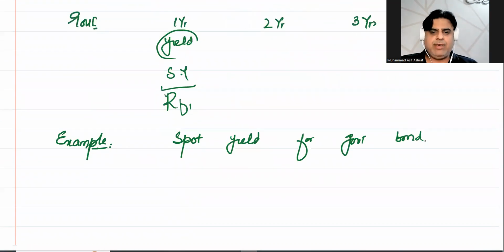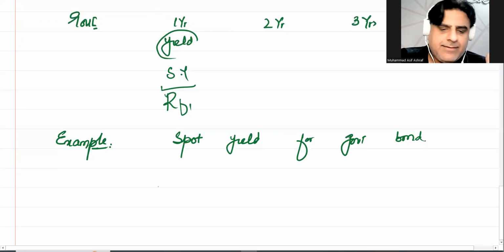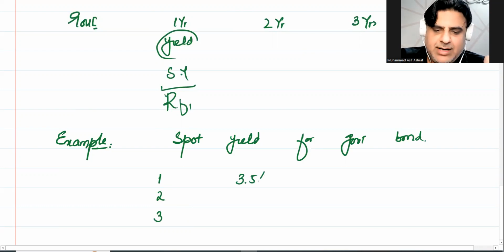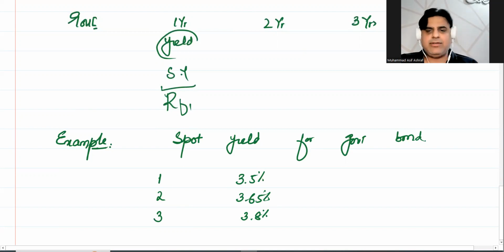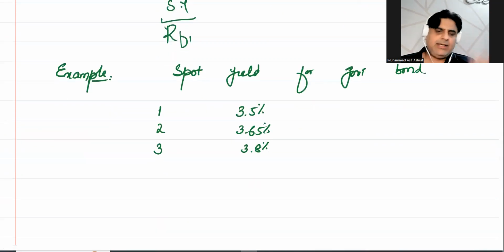Spot yield means RF year wise. So RF of year 1 is 3.5%, RF of year 2 is 3.65%, RF of year 3 is 3.8%. This is called spot yield for the government bond for the 3 years.